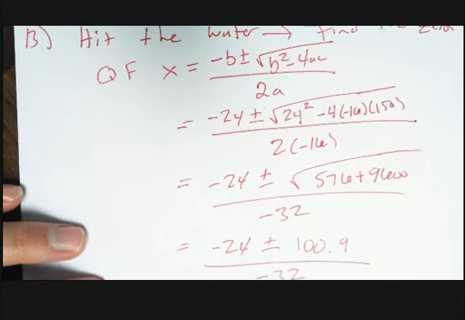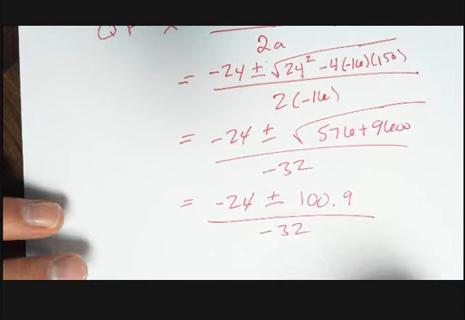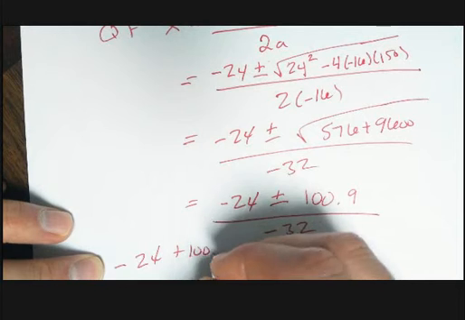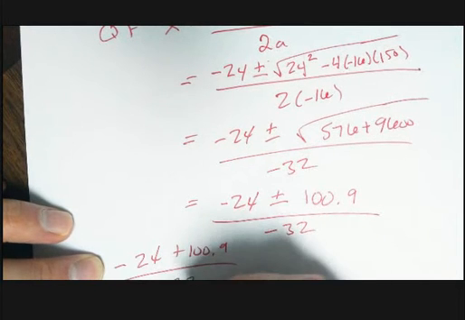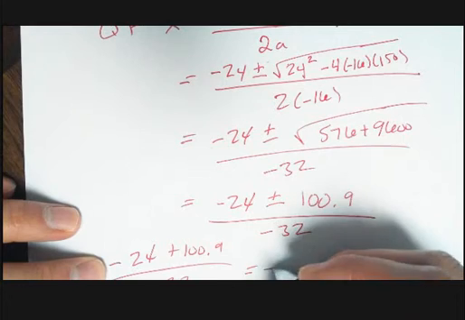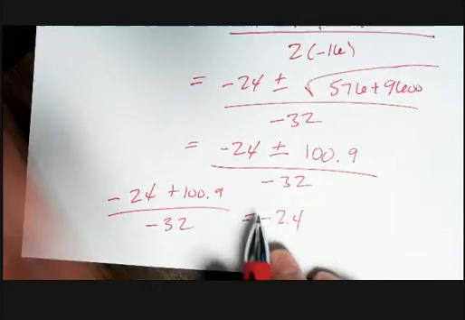And then you have two equations here, so you want to break them into two pieces. So we can do negative 24 plus 100.9 over negative 32, which is going to be negative 2.4, which we know can't work because application time cannot be negative.